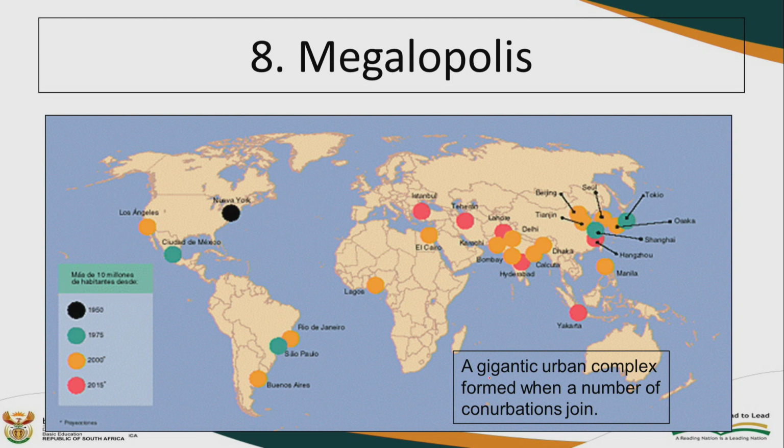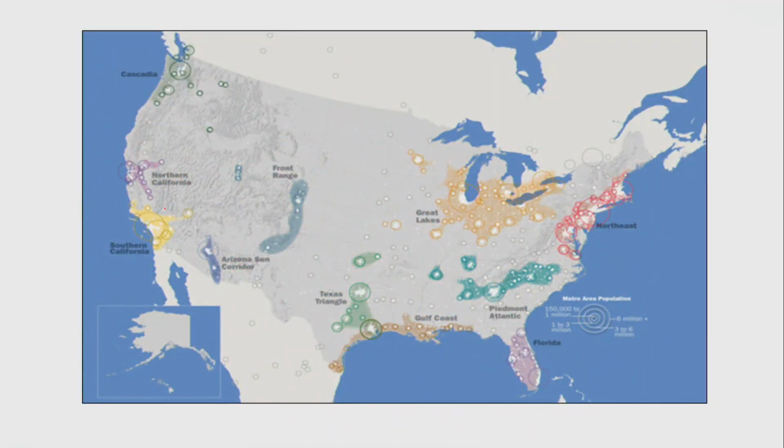These are urban areas that have stretched. Most of them found here in Southeast Asia, couple here in South America, and then I want to show you here in North America, there are megalopolises. The biggest one is this one here that is found in the northeastern coast of the United States of America.